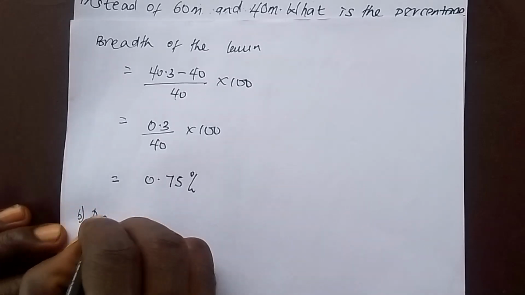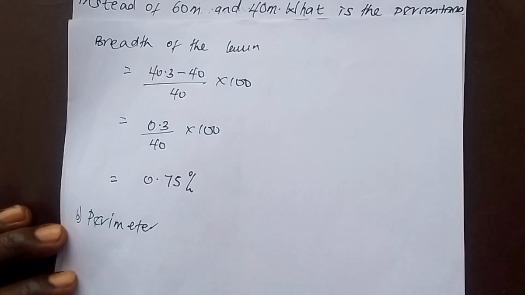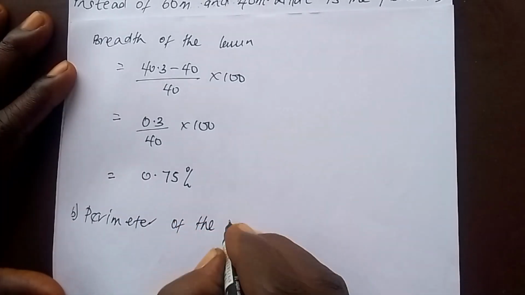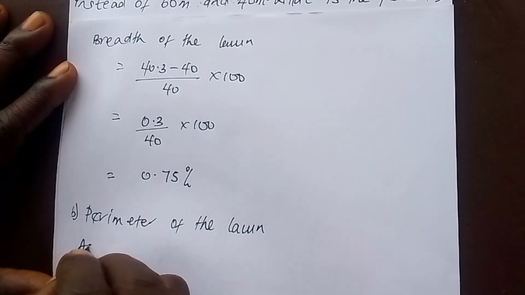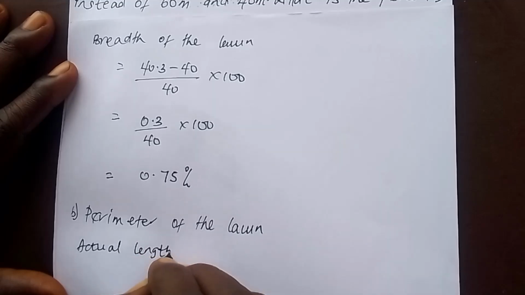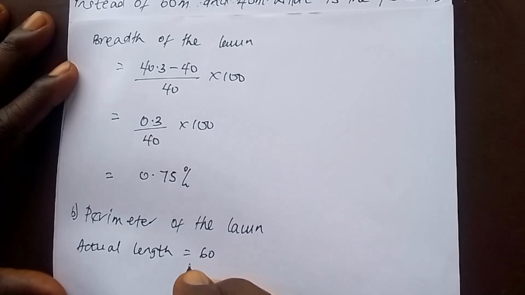B, perimeter of the lawn. Let's get the information we need from the question. So we have our actual length, which is equal to 60.